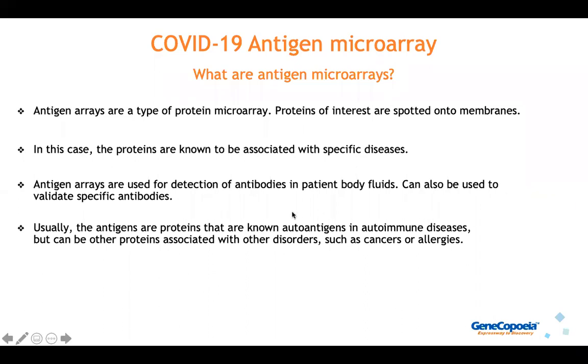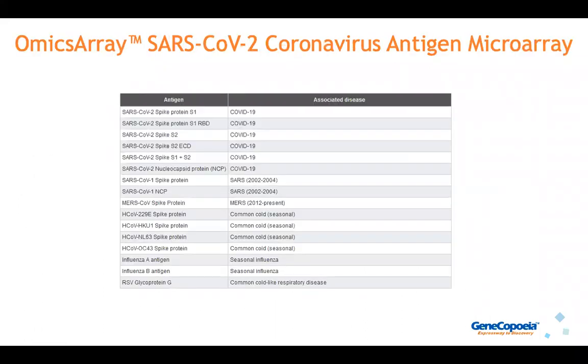And they can also be used to validate specific antibodies. And usually the antigens are proteins that are known autoantigens in autoimmune diseases, but of course, as I'm talking about today, it can be other proteins associated with other disorders such as cancers or allergies or COVID-19.